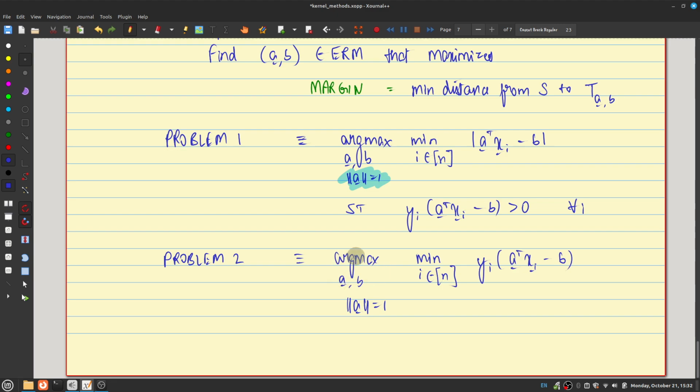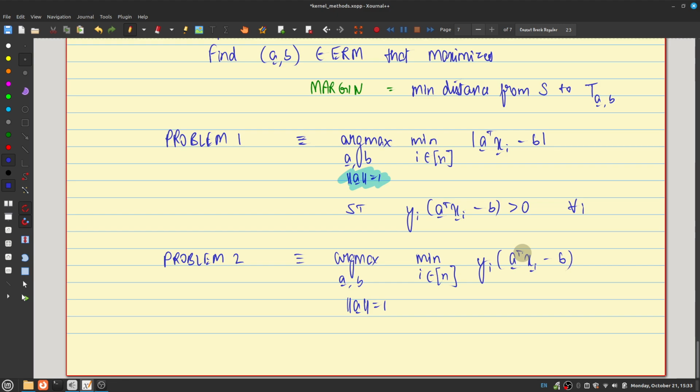I'm also maximizing over all a comma b. So for a given a comma b, you're perfectly right that this quantity could be negative for certain a comma b, but because I have this argmax, you're also having a maximization outside. This will end up being positive all the time.